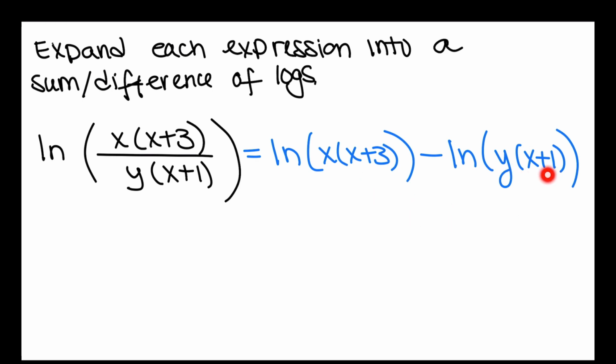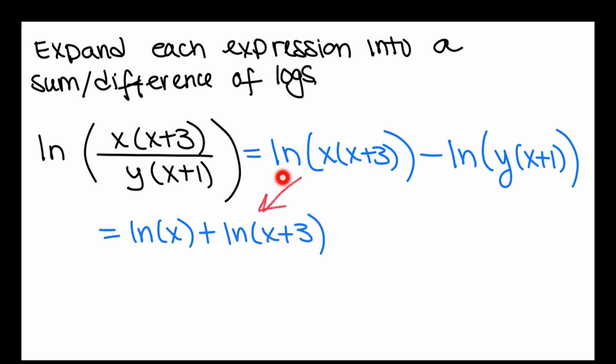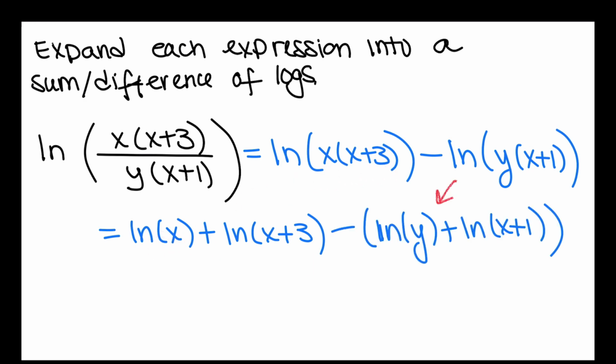Both the numerator and the denominator had products in them, and so now we can take this one step further. Log of x(x plus 3) turns into log x plus log of (x plus 3). Log of y(x plus 1) turns into log y plus log of (x plus 1).